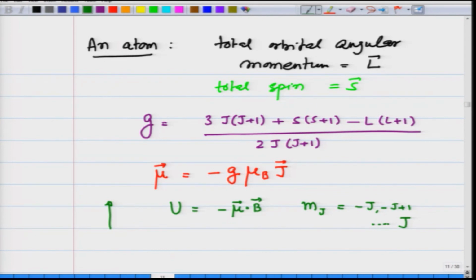These levels will split and they will be populated differently at a given temperature, and that gives rise to a magnetic moment. So, in this lecture, this is what I have derived, that is how the magnetic moment of an atom is calculated, and now I am going to apply this to calculate the paramagnetic susceptibility of a collection of these atoms in a solid.